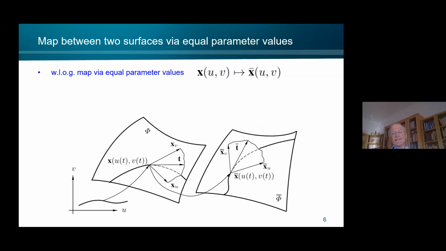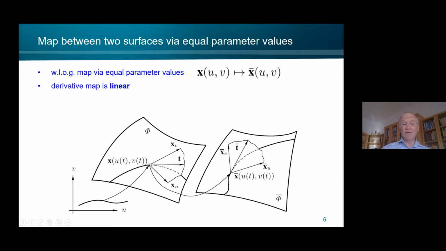Now let's consider a mapping between two surfaces, and for our analysis now it is sufficient to assume that this map is set up with the help of equal parameter values. So locally with some reparameterization you can always achieve this case. So if we have a point (u,v) in the parameter domain, we have a corresponding point on the first surface, another point on the second surface, and this is the map between the two surfaces. From what I have said before, we immediately get the derivative map.